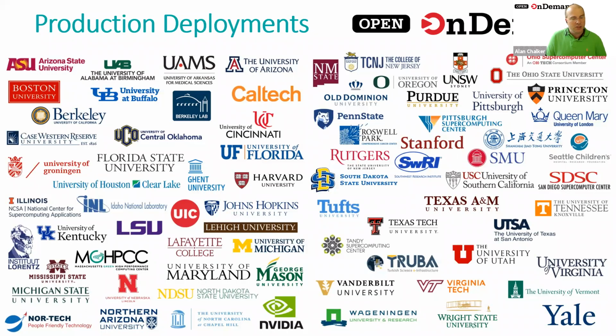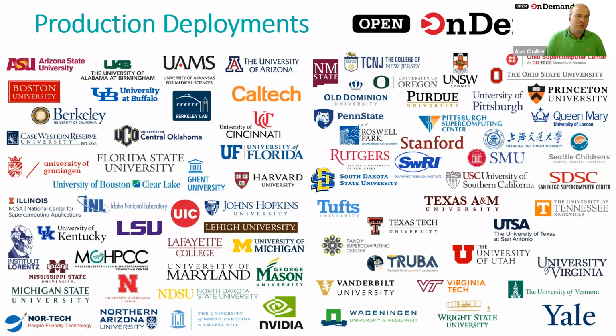This is a list of logos of institutions that we know are currently using OnDemand in production. I'll point out that we have funding from the National Science Foundation to improve, develop and build this community. And they really want us to report back to them on who is in the community and who's benefiting from this funded work that they've provided to us.